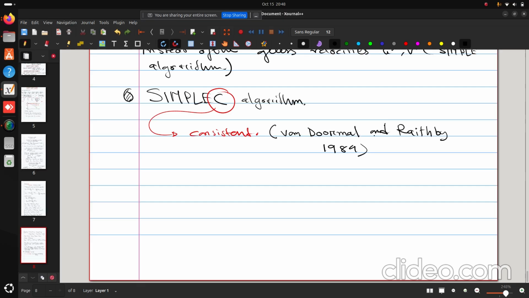so that the SIMPLEC velocity correction equation omits terms that are less significant than those omitted in the simple algorithm.